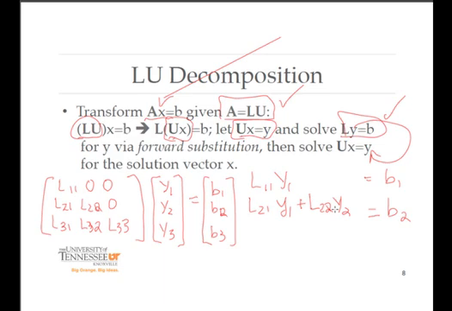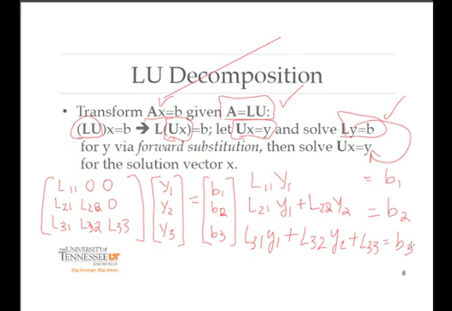Let's go ahead and write the last row. L31 would be multiplied by Y1. You would then add L32 times Y2, but then you would also add L33 times Y3, equal to B3.